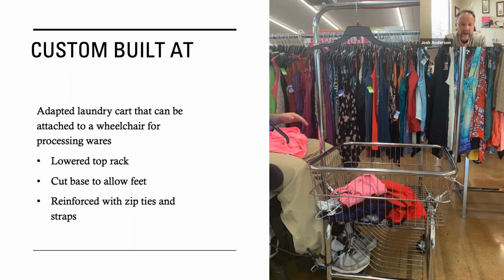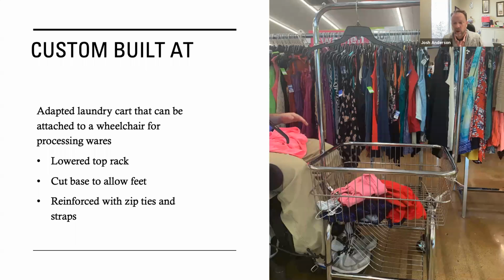The main problem was that they had to carry this rack around with them to put hangers on. And if not, they just had to put the hangers in their lap. Well, with the wheelchair and the rack, they couldn't get down the aisles. So the only job they could do was the outside racks. They couldn't go in between the racks of clothing, because the wheelchair and that rack took up the whole thing and no customers could get by.